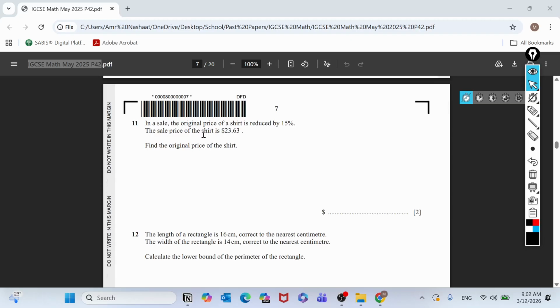In a sale, the original price of a shirt is reduced by 15%. The sale price of the shirt is 22.63. Find the original price.